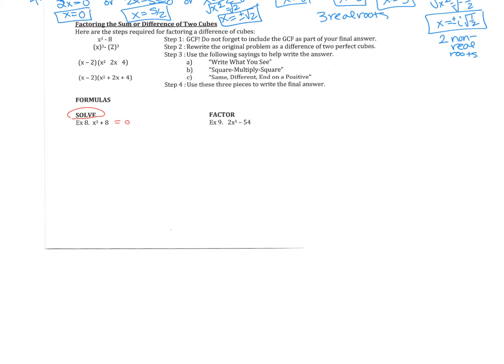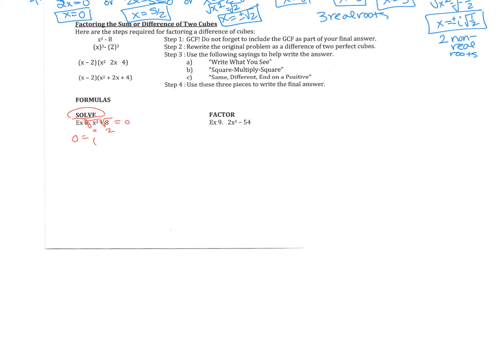We're going to factor it first. So I think I'm going to write my 0 on this side, just make it easier. So x cubed plus 8 is the sum of 2 cubes. So the cube root of x cubed is x, and the cube root of 8 is 2. So I'm going to set this up with the pattern of my sum of 2 cubes.